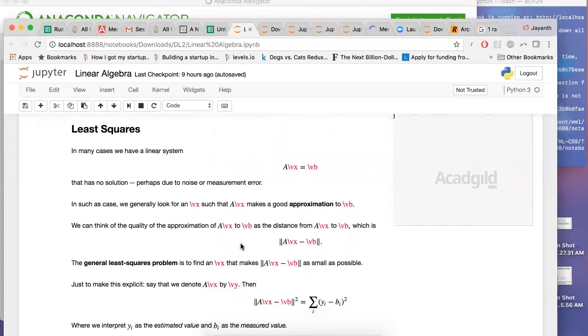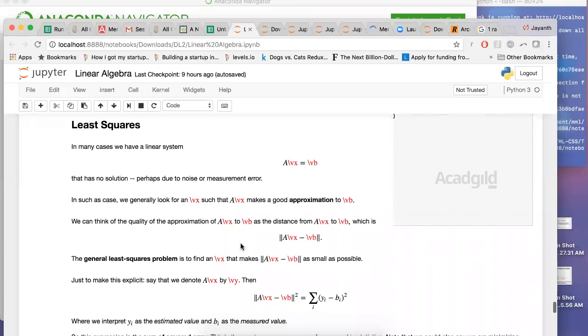Okay, moving on. So next is least squares. Least squares is important. We see it recurrently, or we see sum of square errors, etc. Most of the loss functions or error functions are dependent on this.